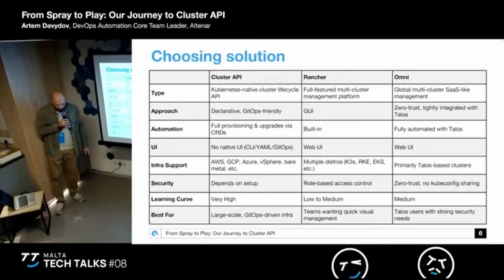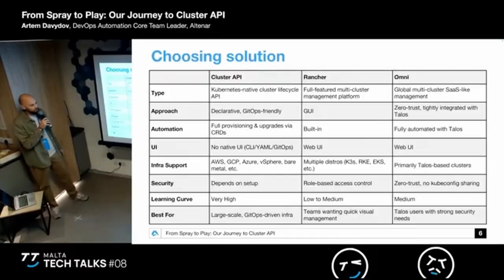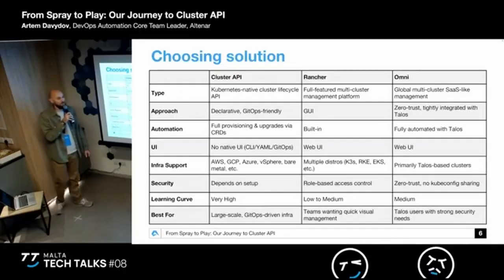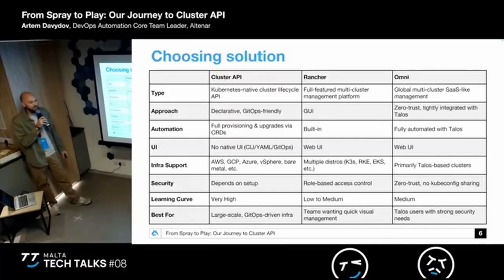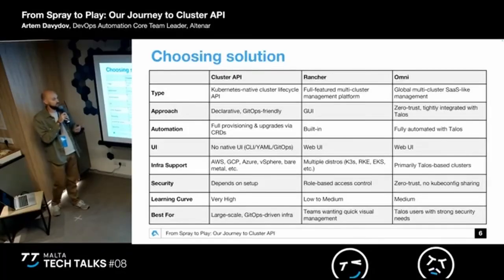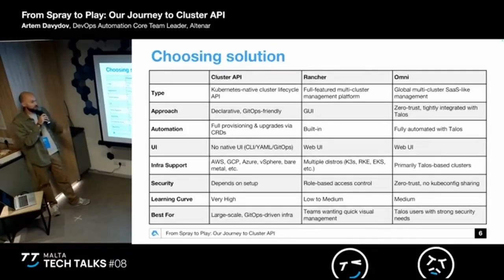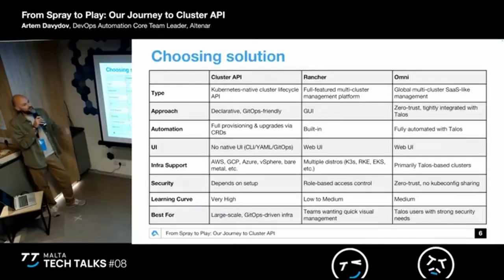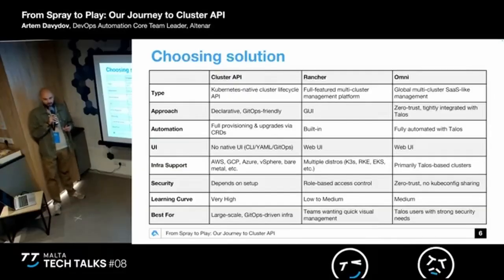Next one. We started to find a solution for how we can replace this great tool. We found several approaches, several tools. There are Cluster API, Rancher, and Omni. First of all, in Altenar, we are using the GitOps approach.